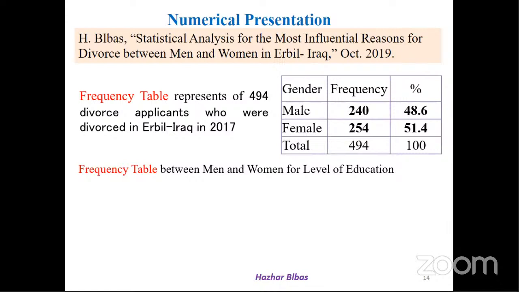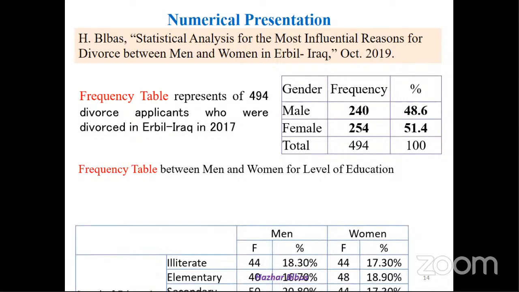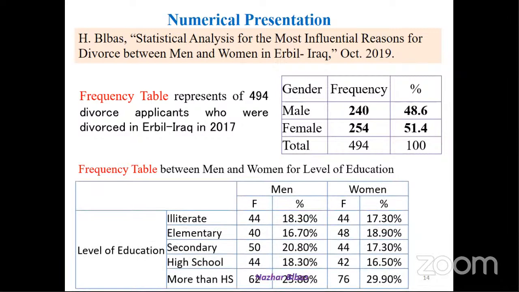If you make a comparison between two variables, such as gender and level of education, you can see level of education with the men and women. Okay, there is a comparison. For example, literate, it means they couldn't read and write. Here, you can see the percentage of men is higher than the percentage of females.